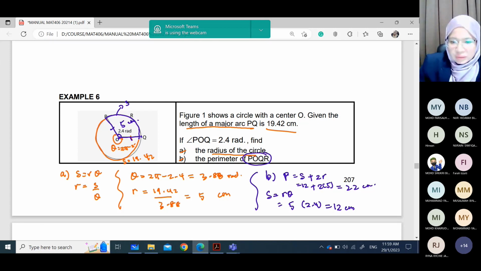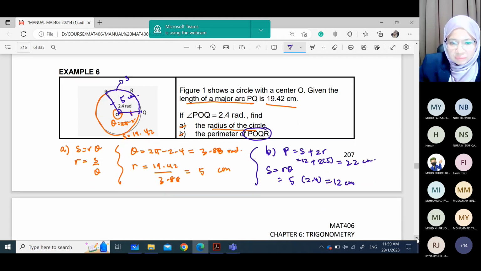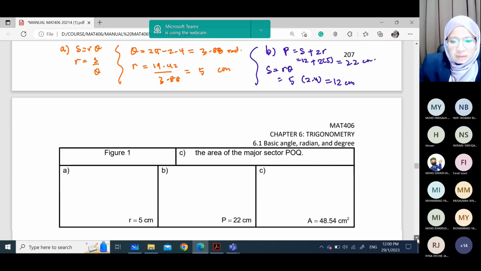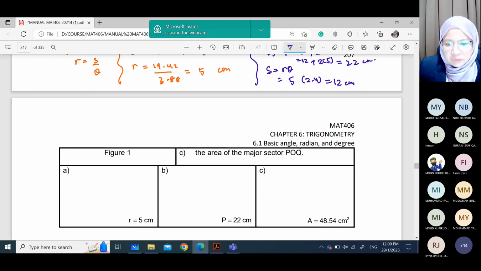Okay, there is another question. C: the area of the major sector POQ.